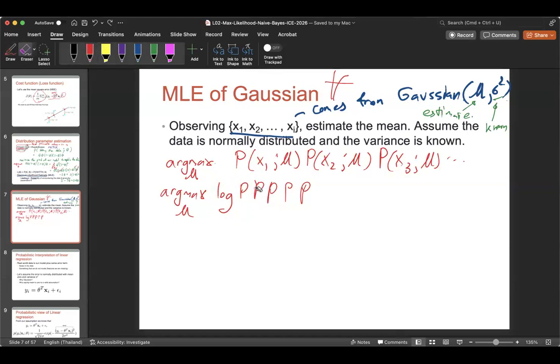So this still remains the same. And if we put in the log, this will become log of p(x1) plus log of p(x2) plus and so on.